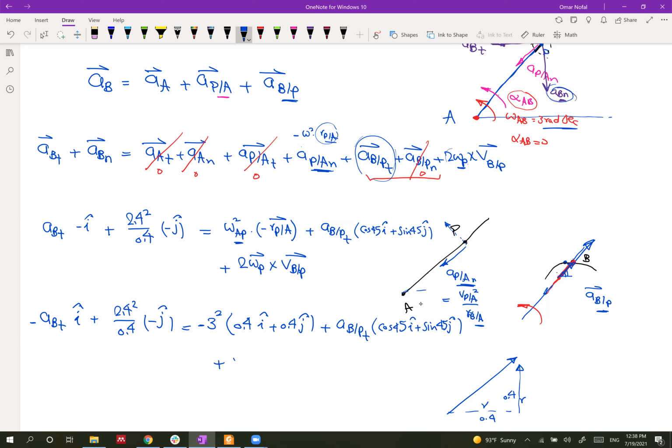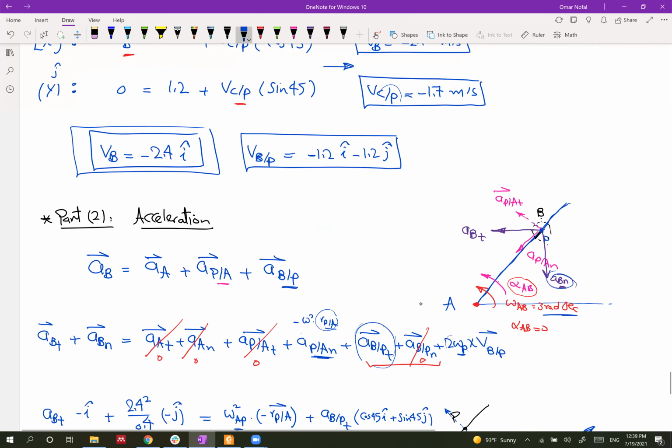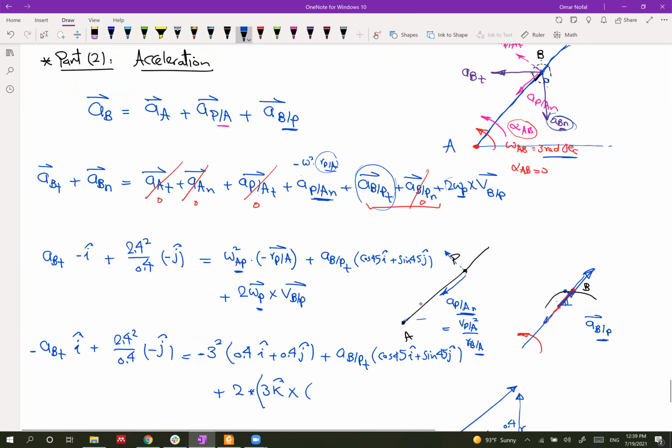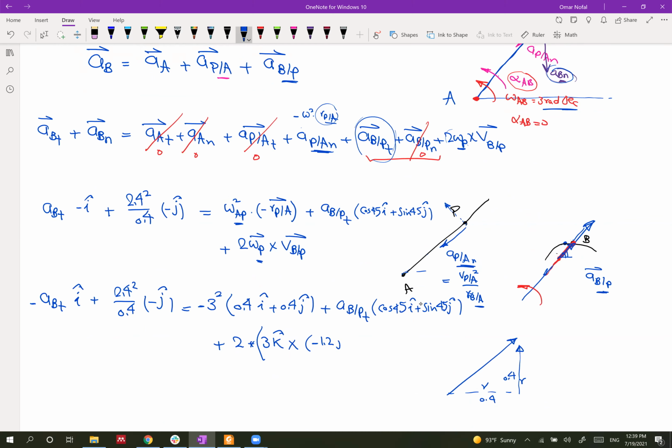And plus 2 omega B, which is given as 3, in the k hat direction, crossed by VB with respect to B. And this is what we got here, negative 1.2 in the I hat first, in the j hat direction.